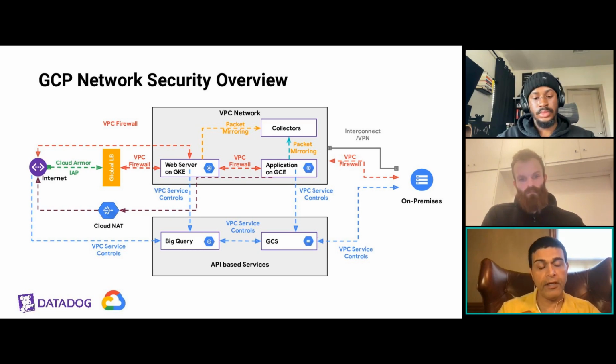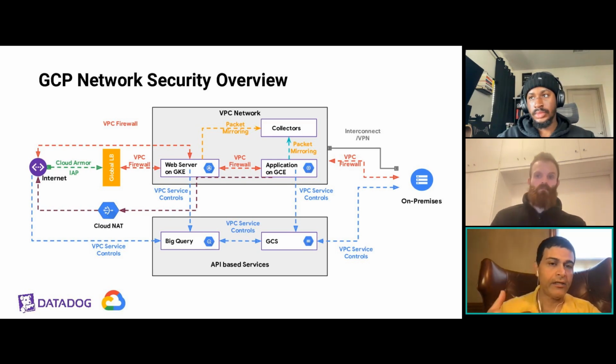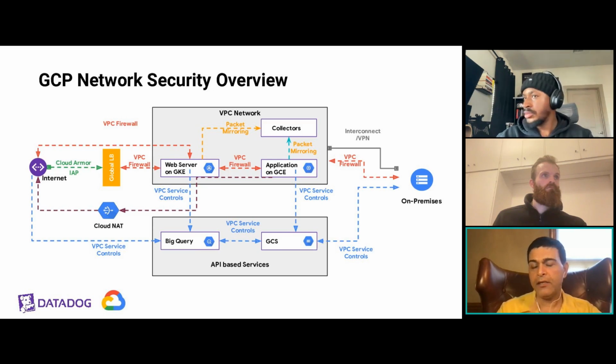If for whatever reason the internal bad actor or the external attacker has a foothold in your application or inside your GKE, this is one of the ways that we can basically monitor, track, and block that lateral movement. And the same thing applies to on-prem. You can basically say, well, which on-prem location can access, how they can access, what is the specific policy that they have to access.